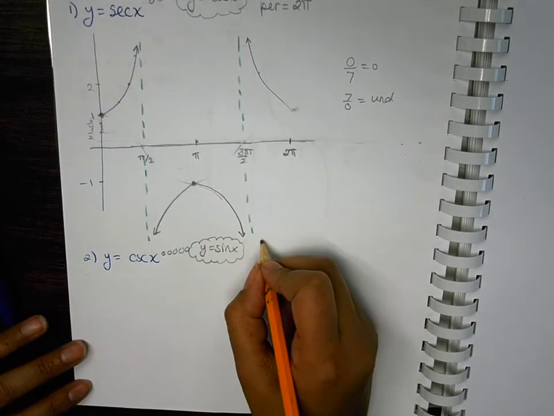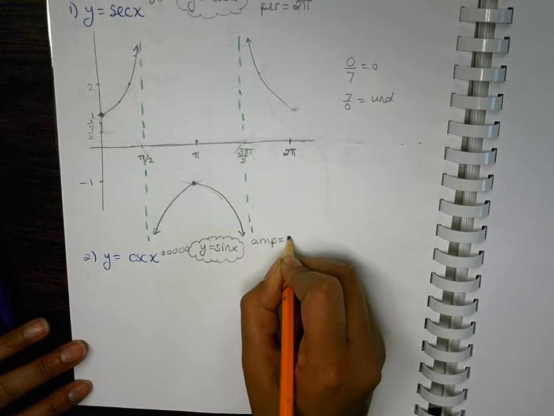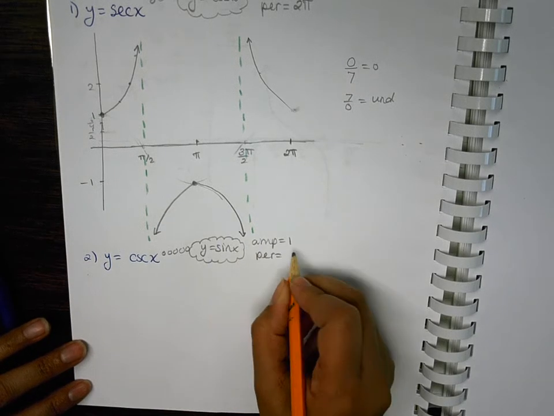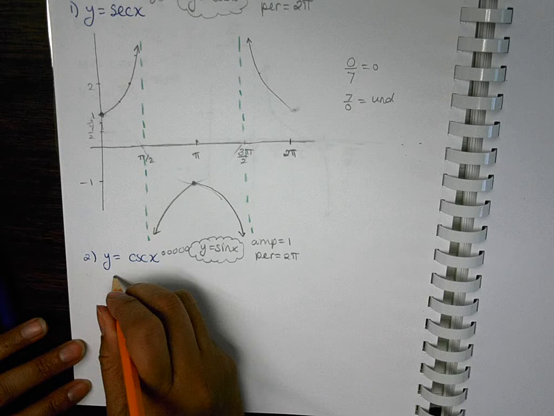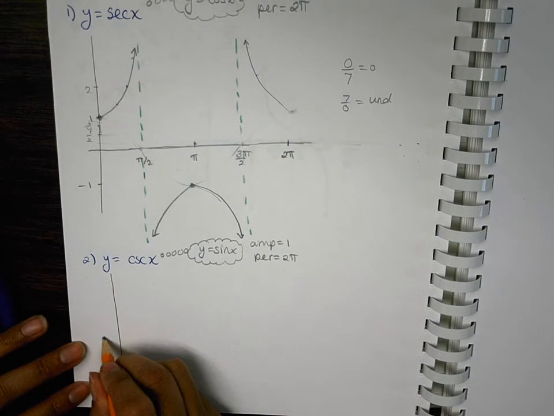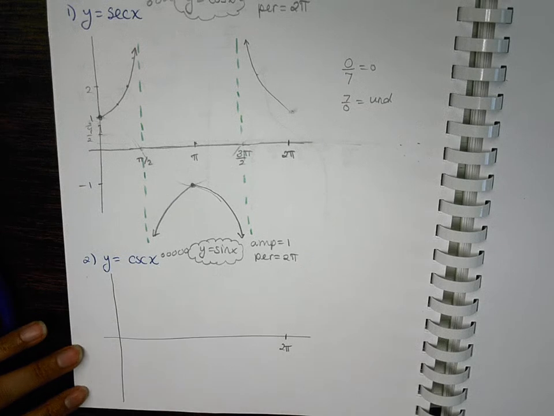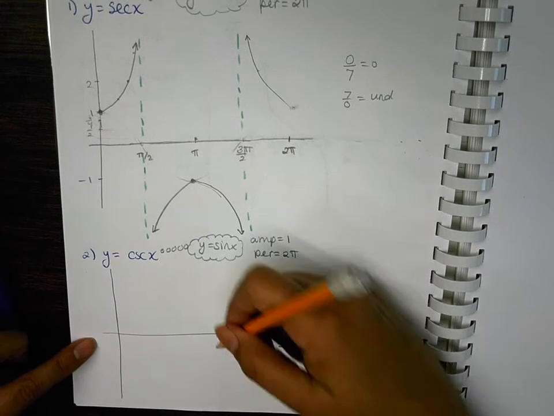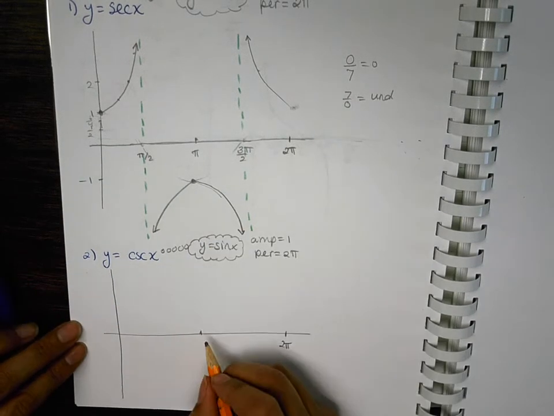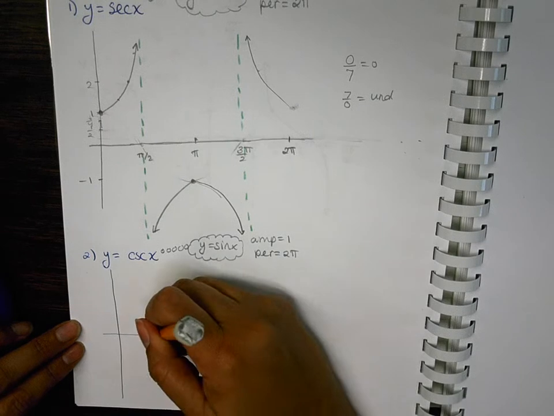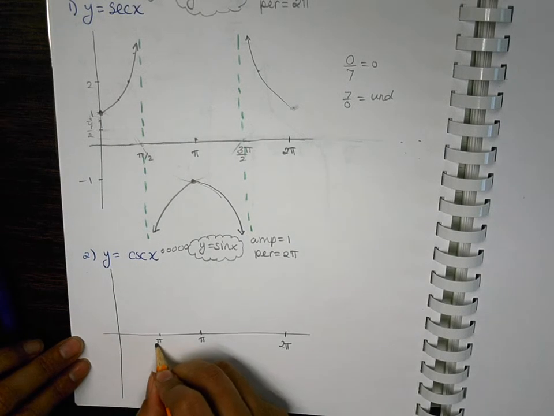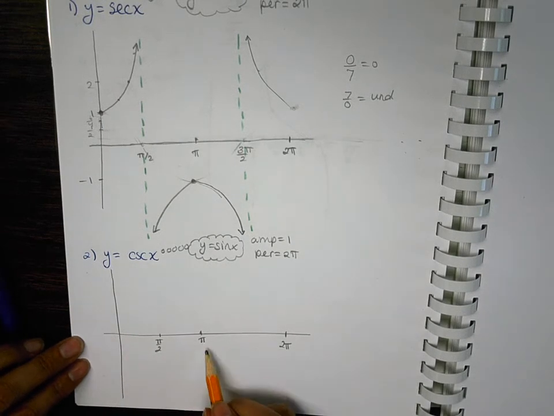What is the amplitude? What is the period length? 2 pi. Okay. What's half of 2 pi? What's half of pi? So let's use the other shortcut that we have. 1 plus 2 is 3.